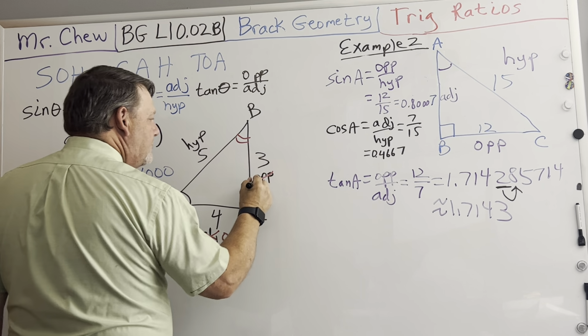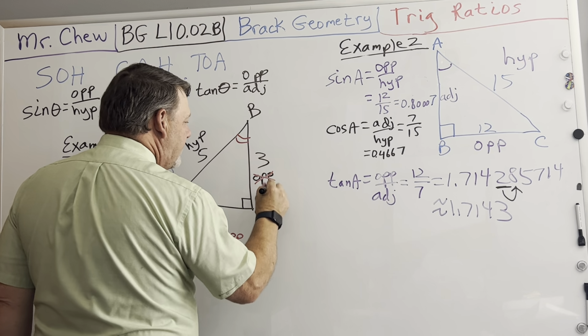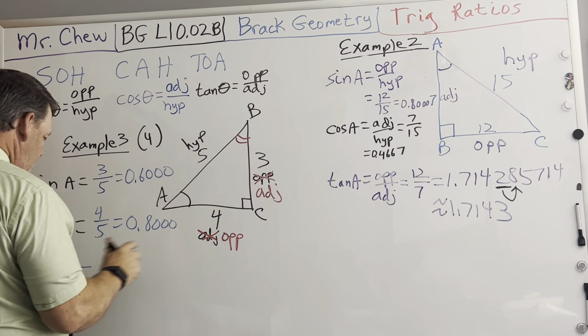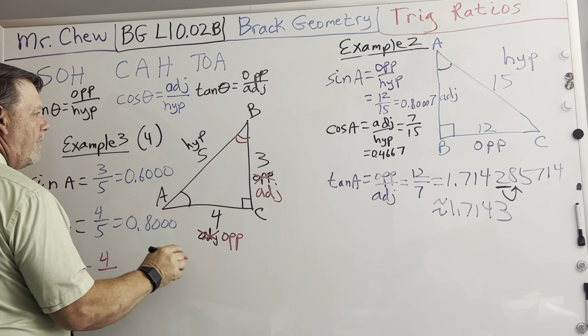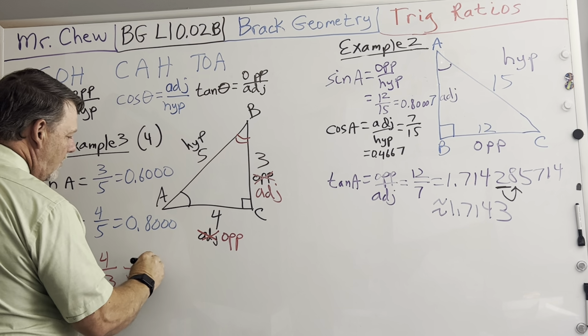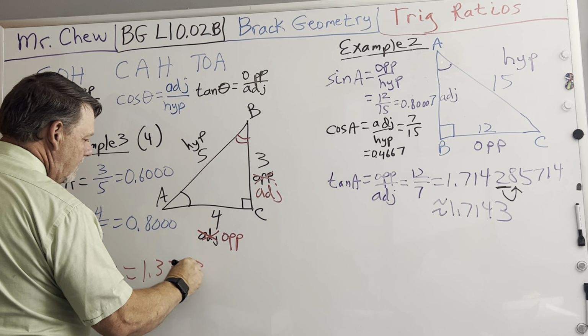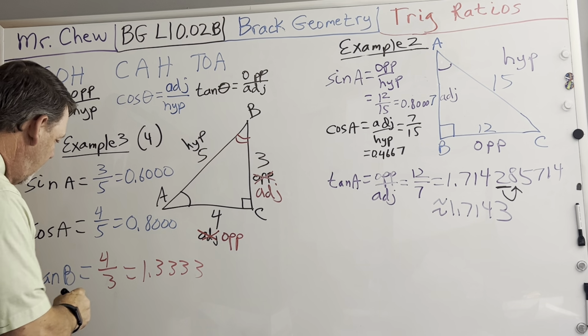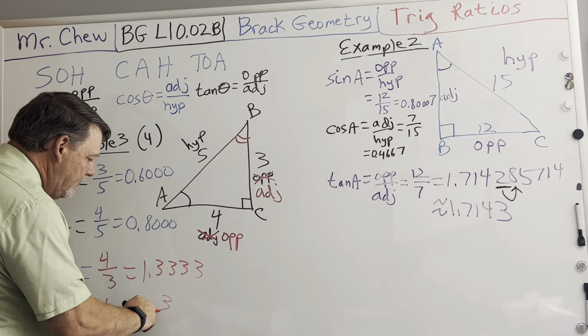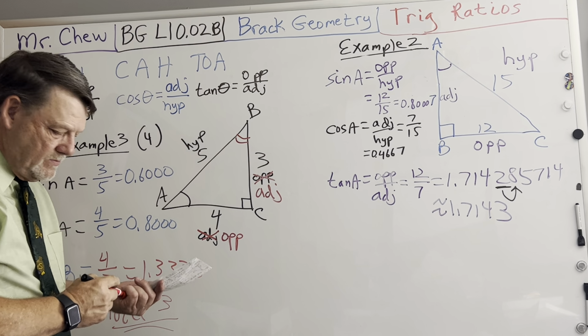And this is adjacent, not opposite. You just have to change those. So it's TOA, opposite, which is 4, over adjacent, which is 3, which is 1.3 repeating. And it ended up being choice 3 on that particular problem from that multiple choice question.